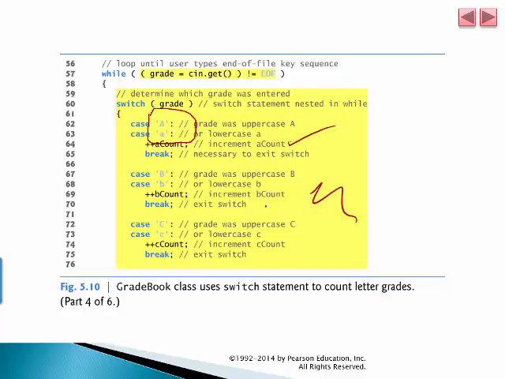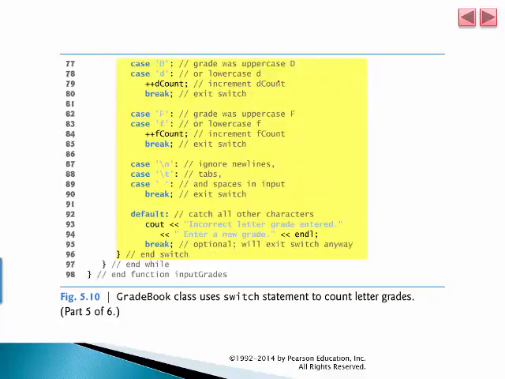Every time we enter a B, we increment B count. And we just keep track of that. We keep running this until we hit Control Z, the end of file marker. So we're doing this within a loop, and I'll write a short little program that does this whole thing in a few minutes.